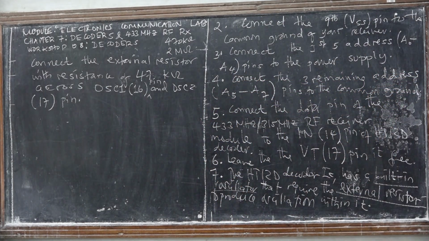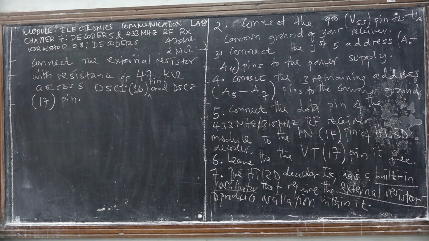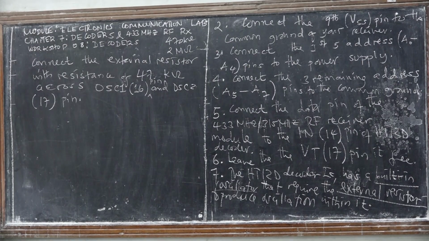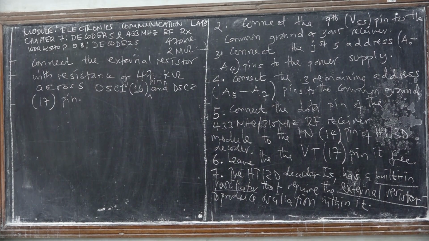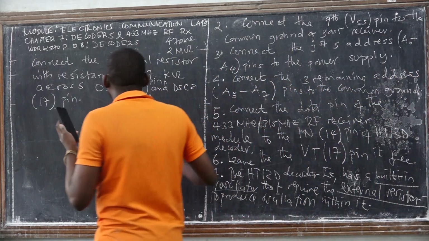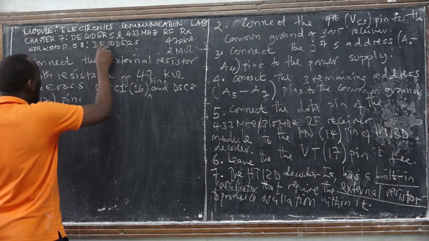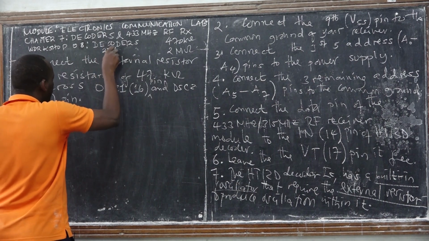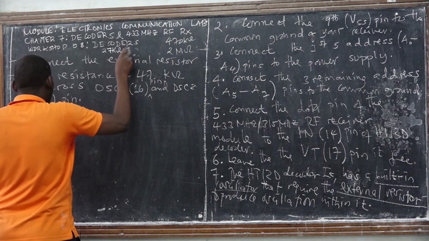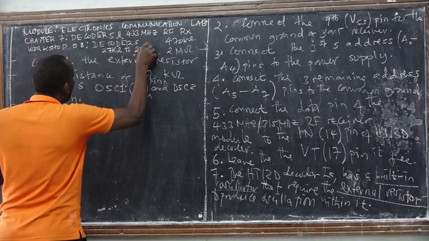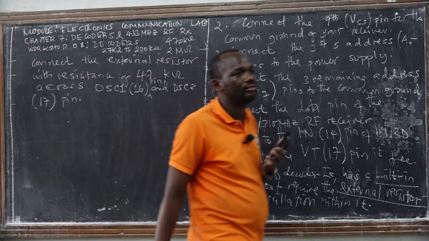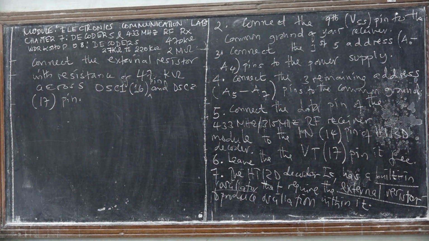According to the data sheets of Ht12D Decoder, what is the minimum oscillator resistance? So, the minimum oscillator resistance is 27 kilo ohm, and the maximum is 220 kilo ohm. Okay? So 47 kilo ohm is in between.